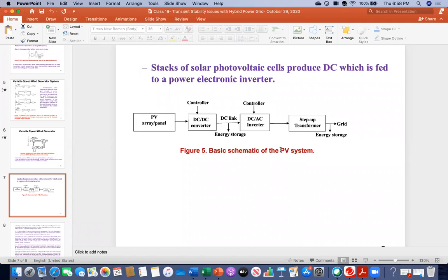Then the question is how you will handle it, with the smart inverter or another mechanism. But due to a fault, there will be a stability impact here as well, even though this is a static system with no rotating part.